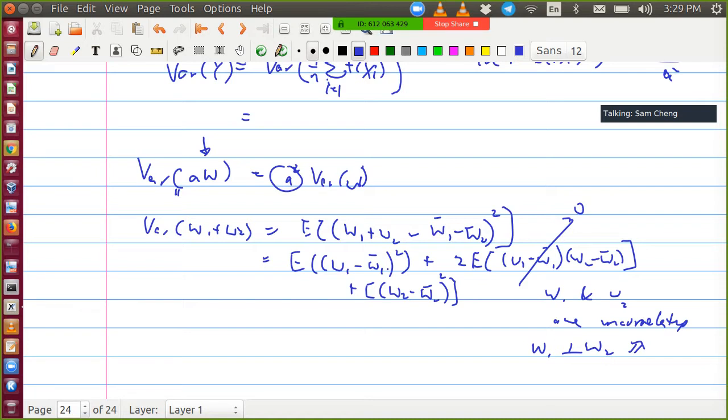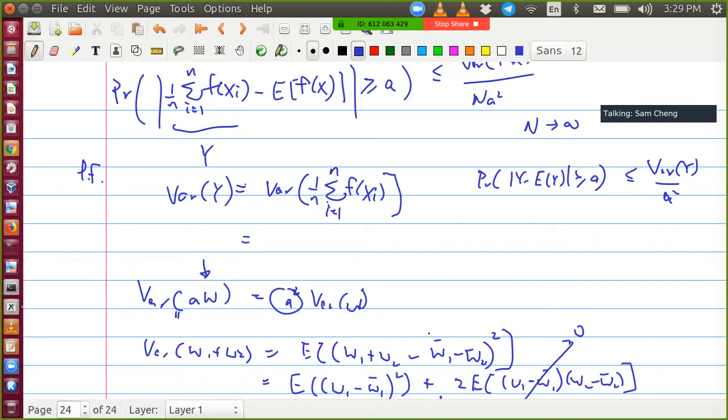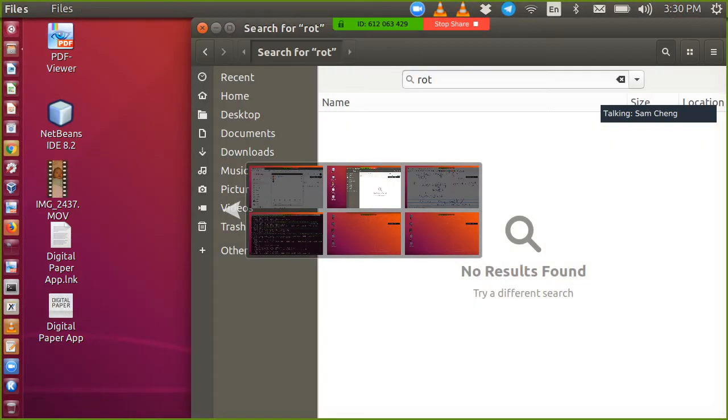So therefore it will be variance w1 plus variance w2. So if you have x1, x2, all these sequences independent, then you expect the outputs f(x1), f(x2) to be independent of each other as well. So this becomes first n squared variance of this stuff, right? Yes? You have a question?